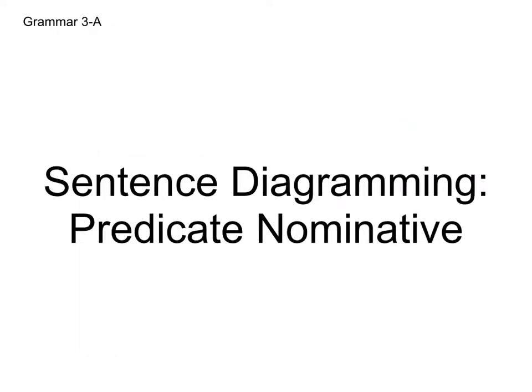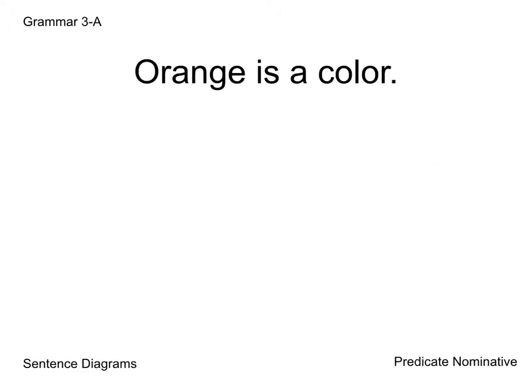So now let's just go ahead and work on sentence diagramming with predicate nominatives. And if you're still a little confused, maybe this will clear things up. Here we have the sentence, orange is a color. The best thing to do if you're not sure about how to diagram a sentence is to just go ahead and label everything in the sentence. So I've underlined the subject and I've double underlined the verb.